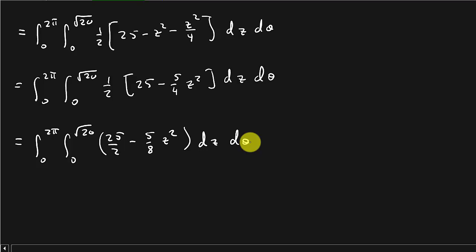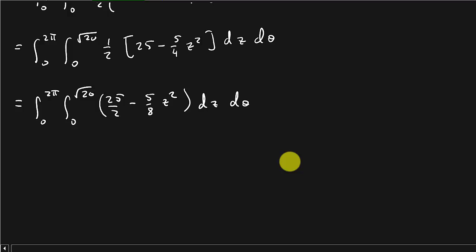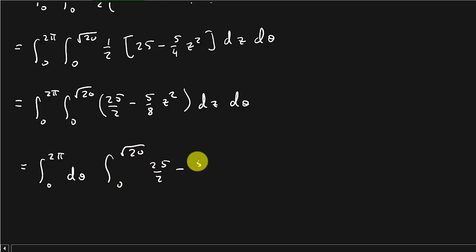All right, so now, well, look at this. You see, we've got this. So what we can do is we can go 0 to 2 pi. We can split these integrals up. And that's going to be 25 over 2 minus 5/8 z squared dz.